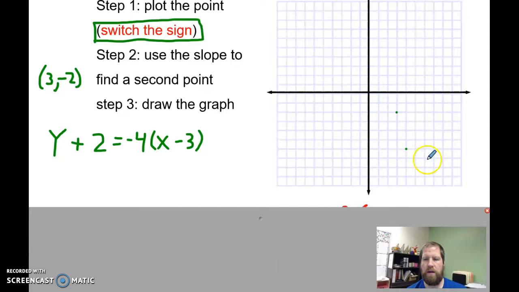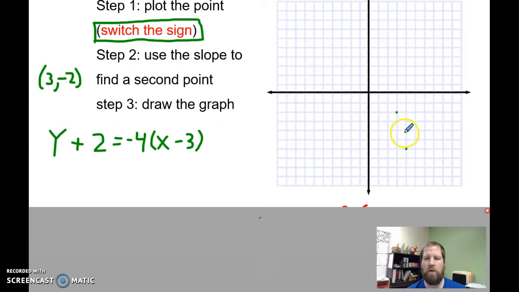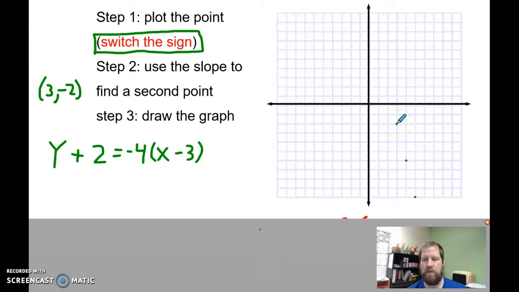And then I can do that again if I want to get another point to help me draw my graph, or I can just plot it from there. So it would be down another 4 over 1, and going backwards would be back 1, up 4, back 1, up 4, and that's going to be my line.